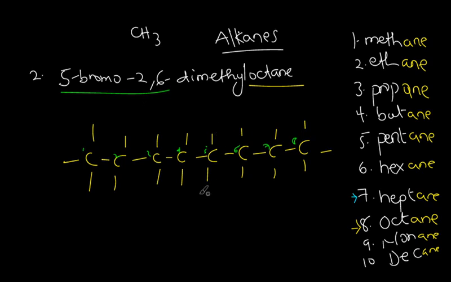You can either put it here or here, it doesn't really matter. So Br over here. Then we have 2,6-dimethyl, so one methyl is on position 2 and one is on position 6. So this is carbon 2, we write the CH3 at the top over here, and then carbon 6, you write another CH3 over here.